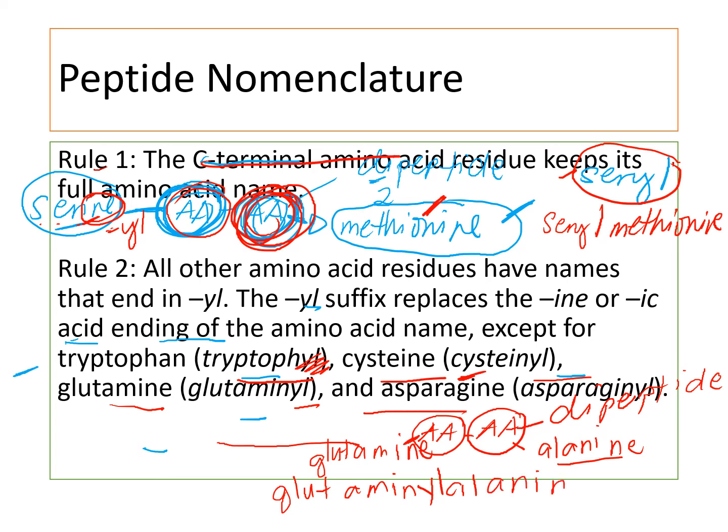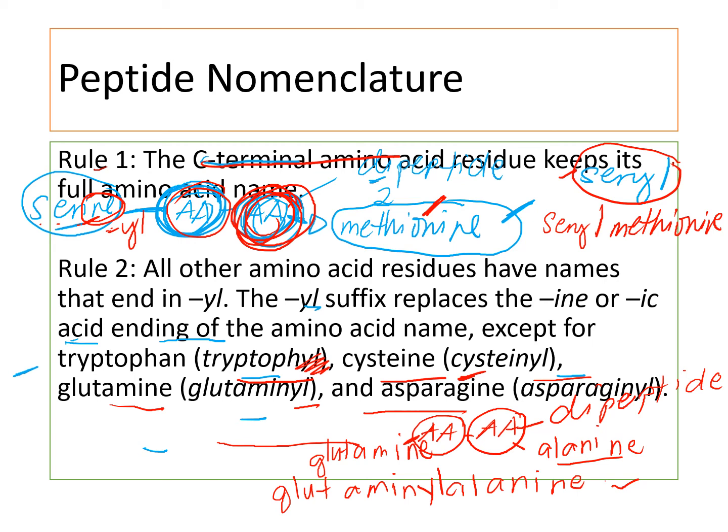And yes, we have to write it in a way that it becomes just one word. Alright, so again guys, this is just one word. When we give the full name of the peptide, we just write the name in one word.